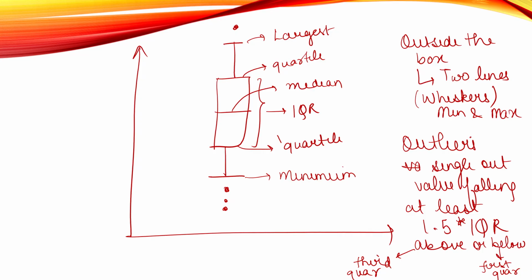So this is basically a common rule to identify the outliers. So this is your box plot.